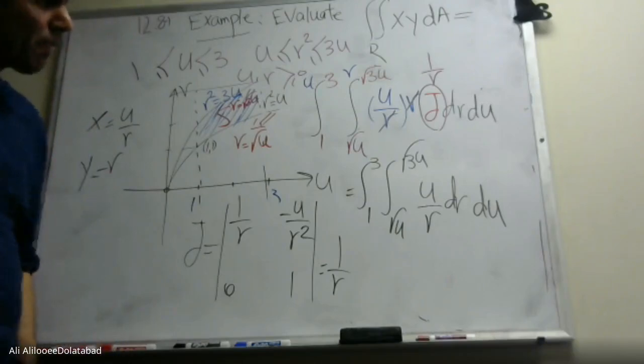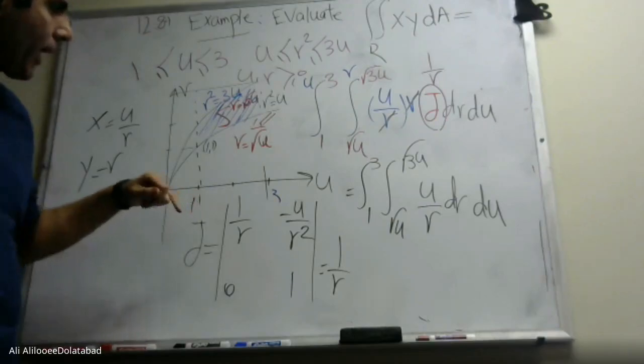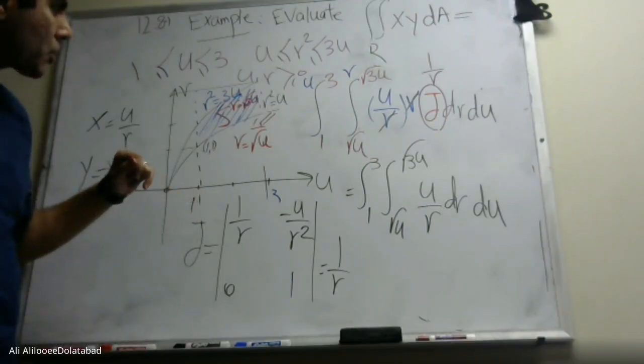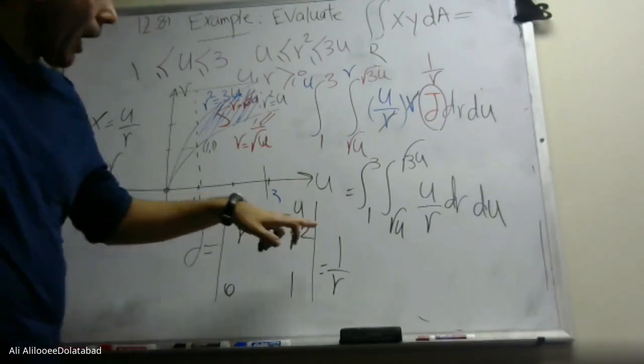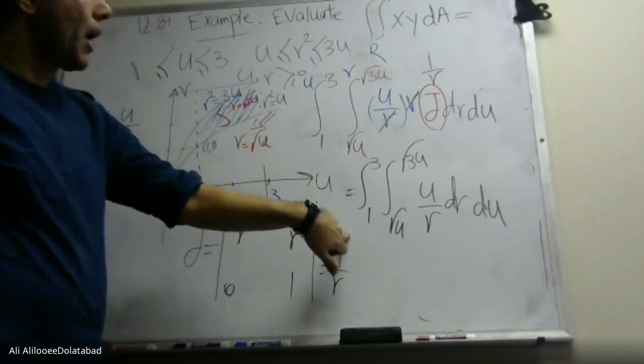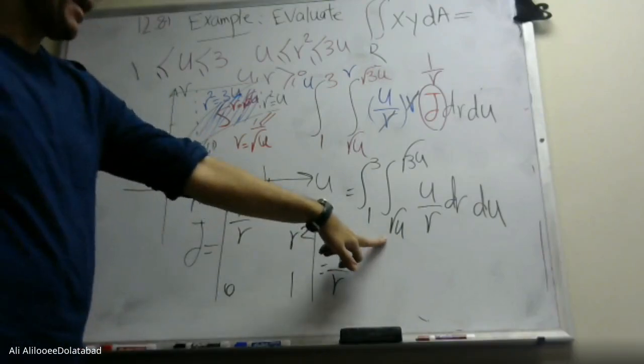It seems to me that if we first integrate with respect to u, then maybe it would be easier, right? No? See, I wrote u first and v second.